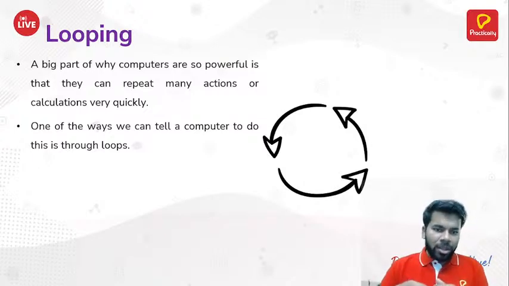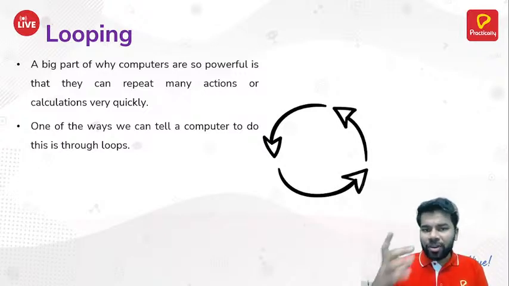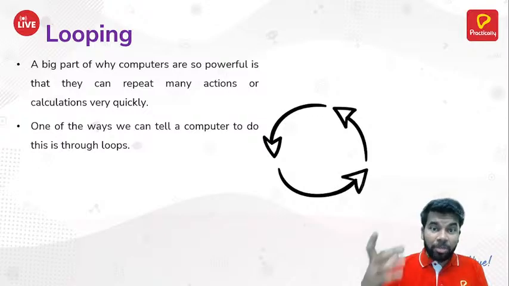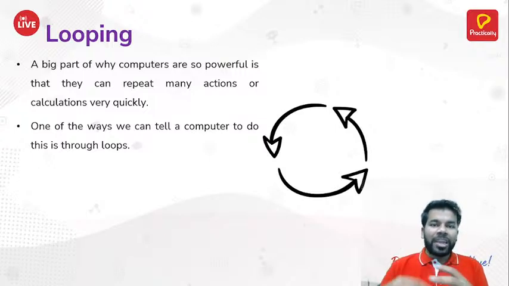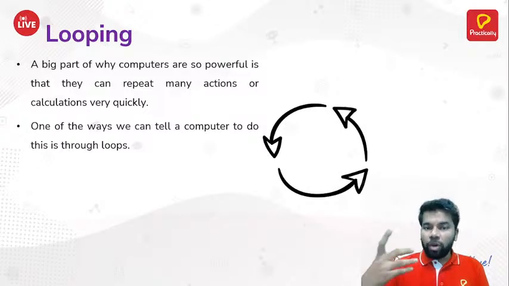Whatever input you give, the computer will execute the same set of tasks 100 times, 10,000 times, 1 lakh times, in that number of times. The computer will never get tired. This is possible with the help of loops only.